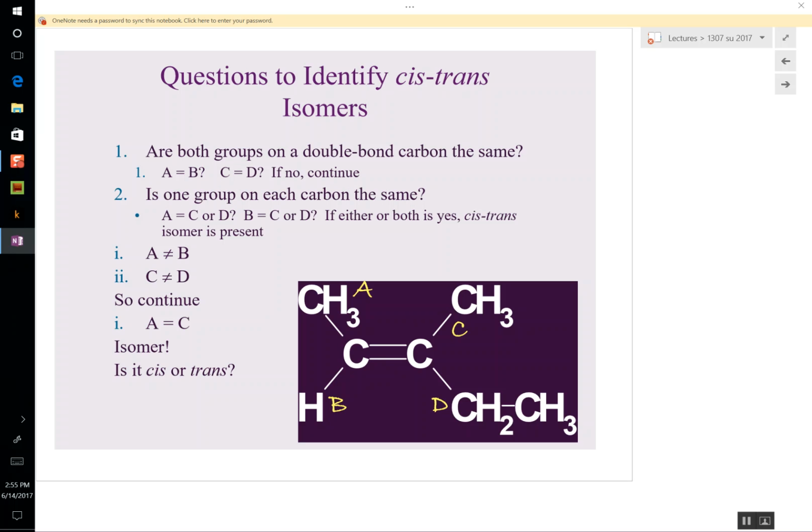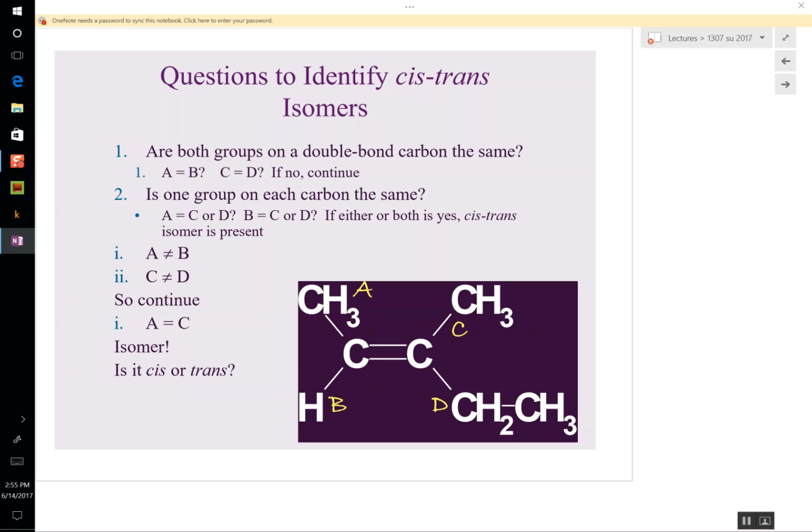We're going to look at the first carbon, and ask the question, are both groups that are on that carbon the same? Or are there 2 different things on that carbon? And the answer is yes. Then we're going to go over to this carbon. Are the 2 things on this carbon different?